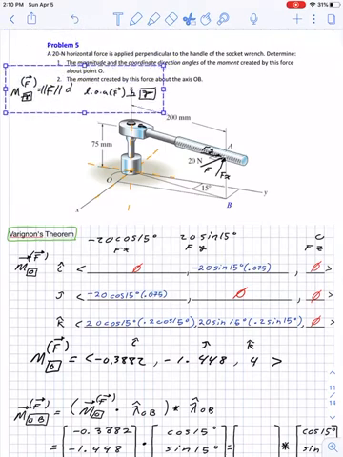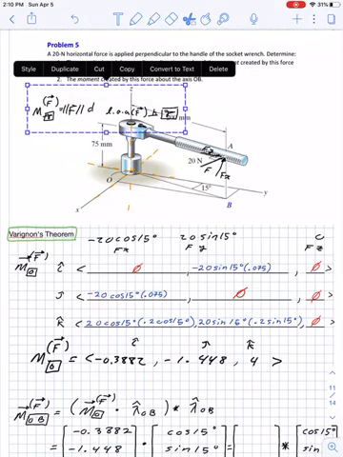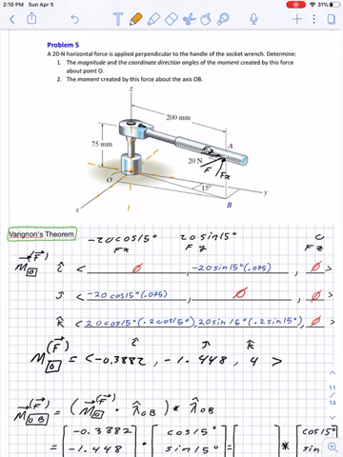So let's just delete that. Basically, the moment is equal to the force times the minimum distance.